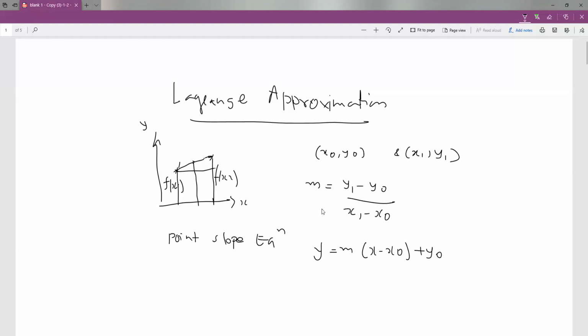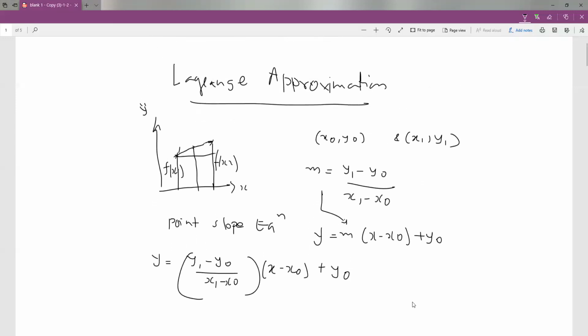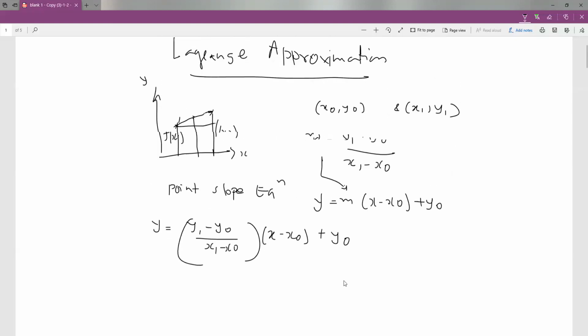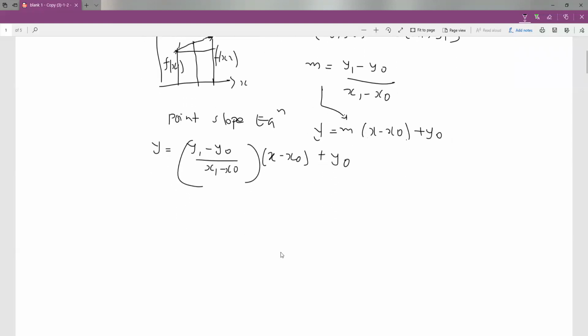We will substitute the slope value here, and a slight rearrangement of the equation will give us the Newton's linear interpolation function. But this will also help us in determining how the Lagrange interpolation function can be evaluated.